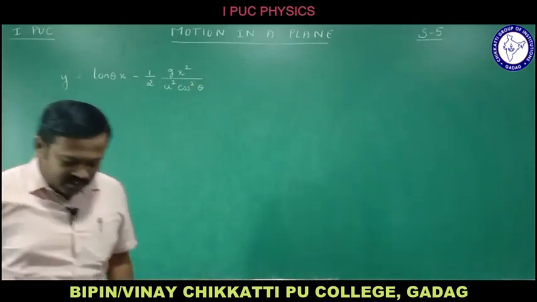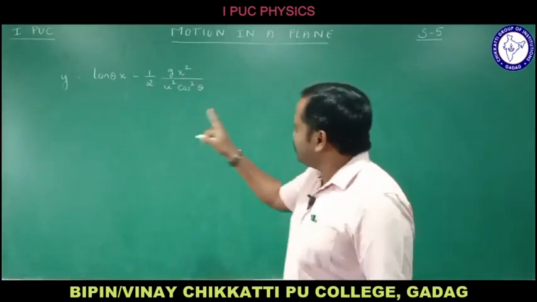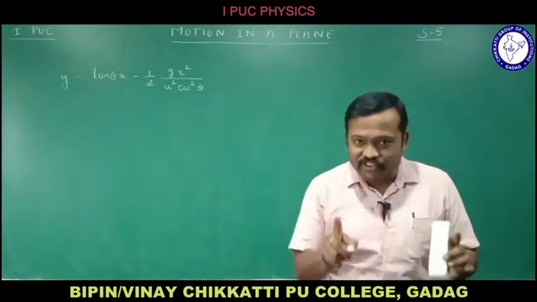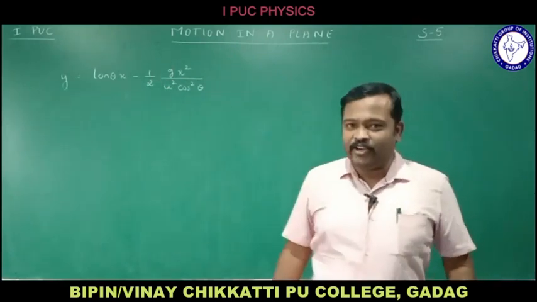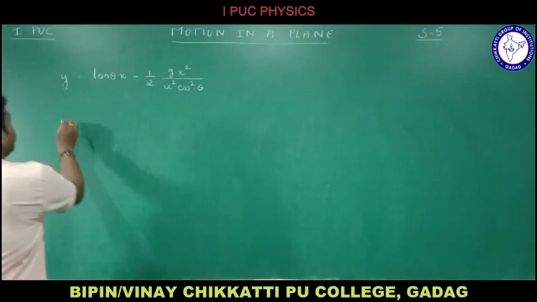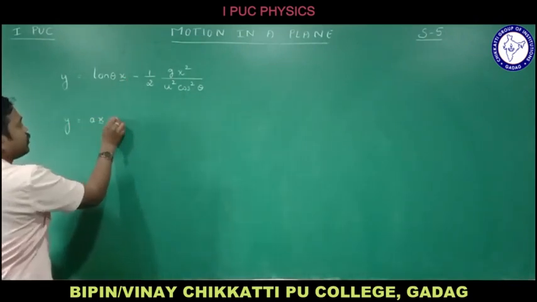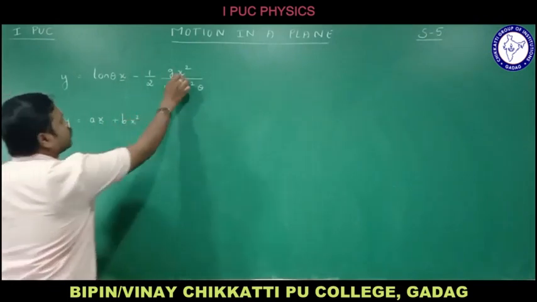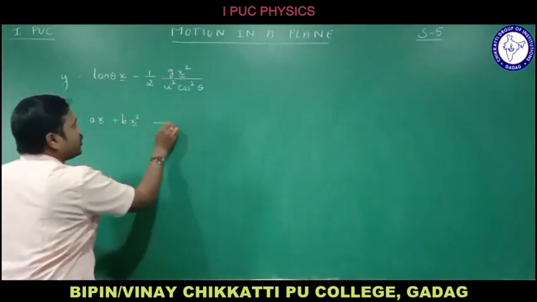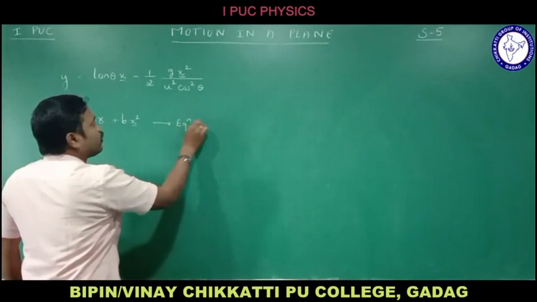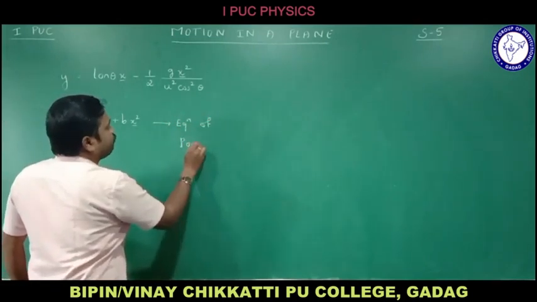So this was the equation that we derived. It is similar to the equation y = ax + bx square, right? This equation is nothing but the equation of a parabola.